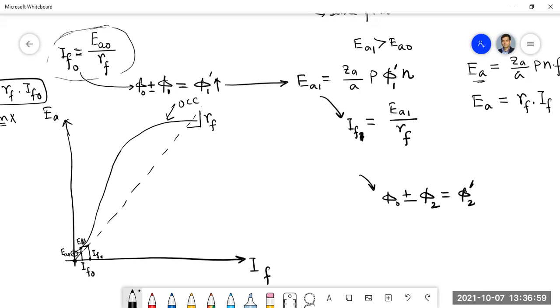This is IF1, and this IF1 again intercepts here and gives you EA2. And this will be IF2. In this way it will build up, initially in small steps. Got this point? This is how the voltage builds up in a DC shunt generator.